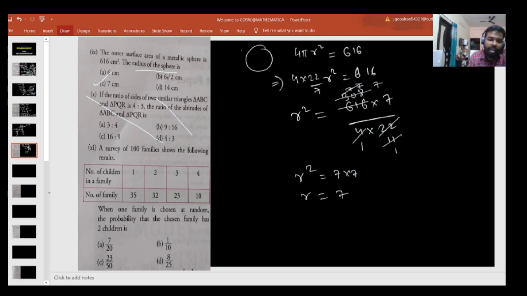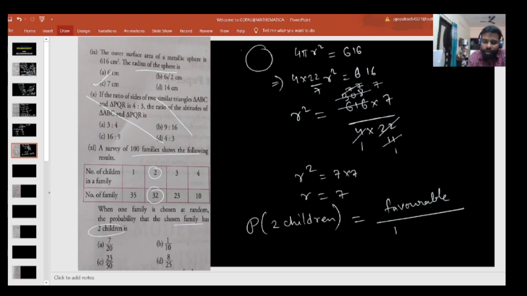Okay, then the next one is a survey of 100 families shows as follows. When one family is chosen at random, the probability that the chosen family has 2 children. So if you see, 2 children is 32 families. Now the total families are 100, so the probability of having 2 children is equal to favorable outcomes by total outcomes.